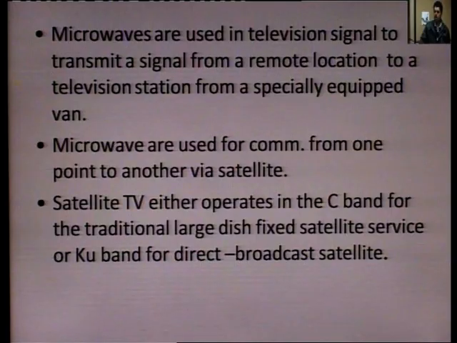Microwaves are also used for communication from one point to another by satellites. Satellite TV either operates in C band for a traditional large dish fixed satellite service or Ku band for direct broadcast satellites. All these services use microwaves.